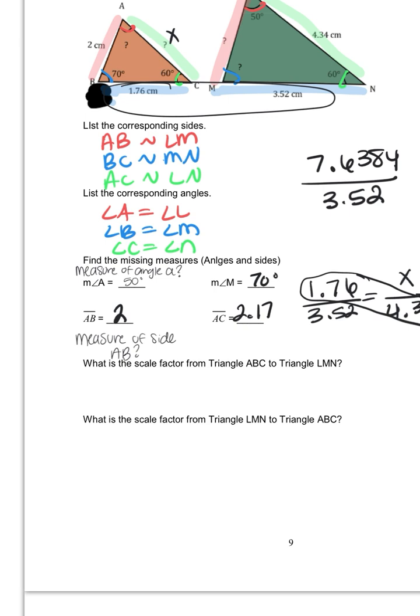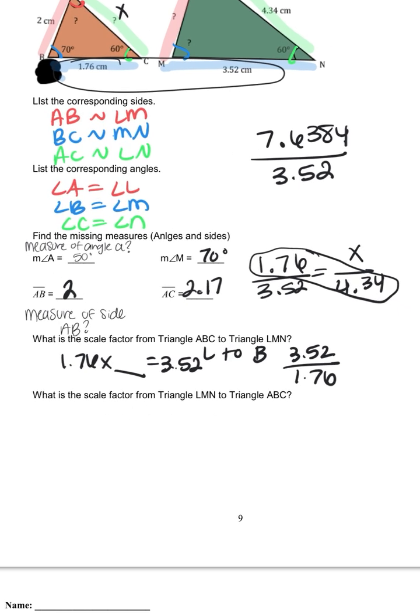All right, and then the last two on this part is I want to go from ABC to LNM, so I'm going to go little to big. So I want to know 1.76 times what is going to give me 3.52. And again, I'm going to set this up as a fraction, so 3.52 over 1.76.